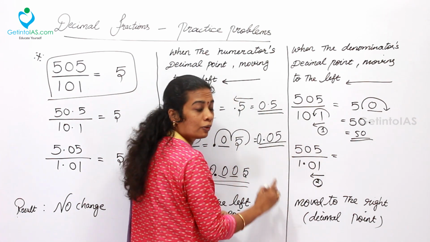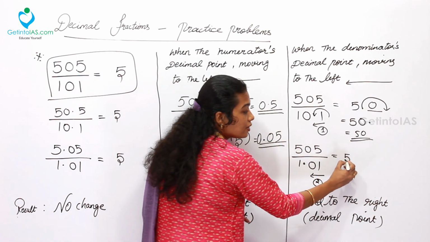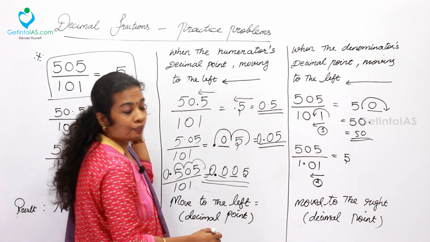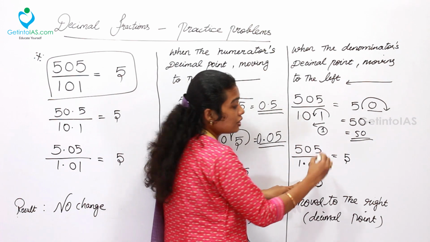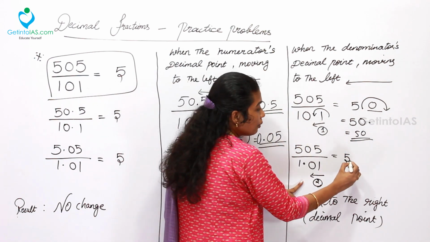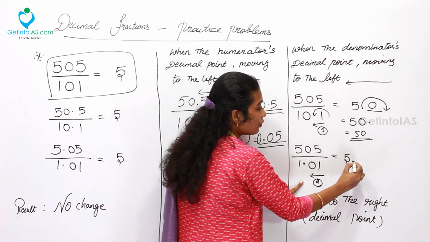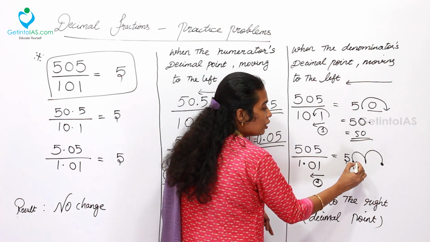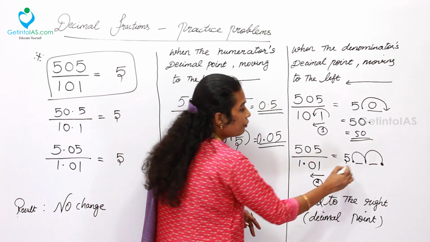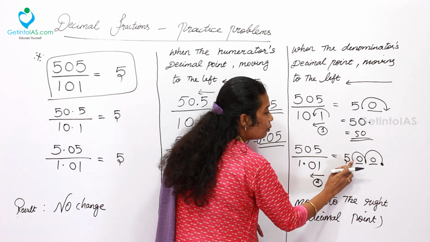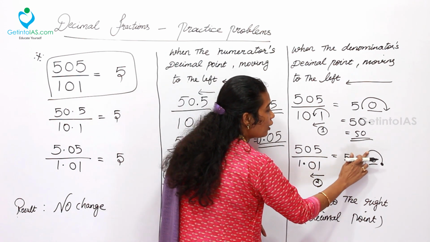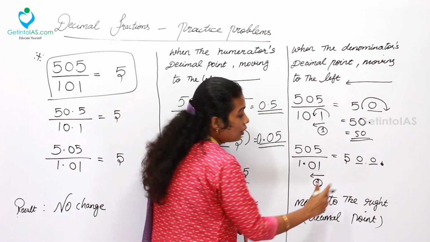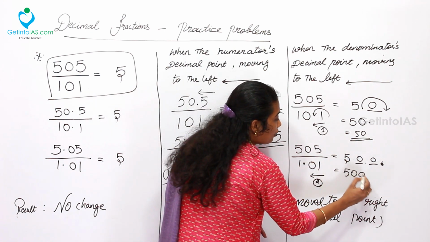What was the old result? The first result was 5. After 5, the decimal point has to be moved 2 digits. Already 5 point is there. From here to here, this is the new decimal point. So these 2 places are to be filled with zeros. Now you can remove the old decimal point. 500 point. The final result is 500.